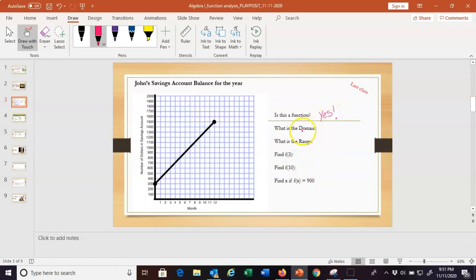What is the domain? Remember, the domain are the x values. So what we're going to do is we're going to pretend we're taking a walk along the x-axis. And what x value do we get to first? Well, if I take a walk, this guy is going to hit the graph right here. And the x value is 0.